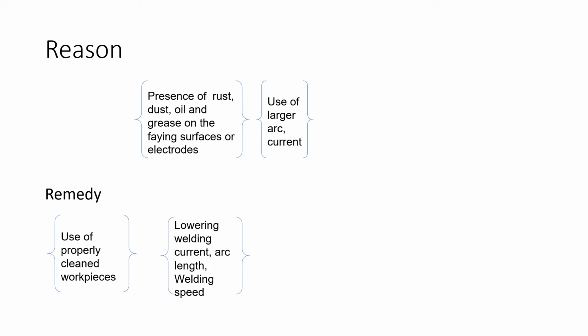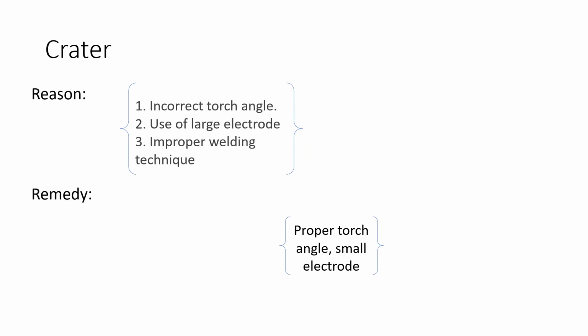Now let us see the next slide. The next slide tells about the crater. Crater, we may say simply, is some small holes or pits in the weld. So what can be the reason for it? Incorrect torch angle.